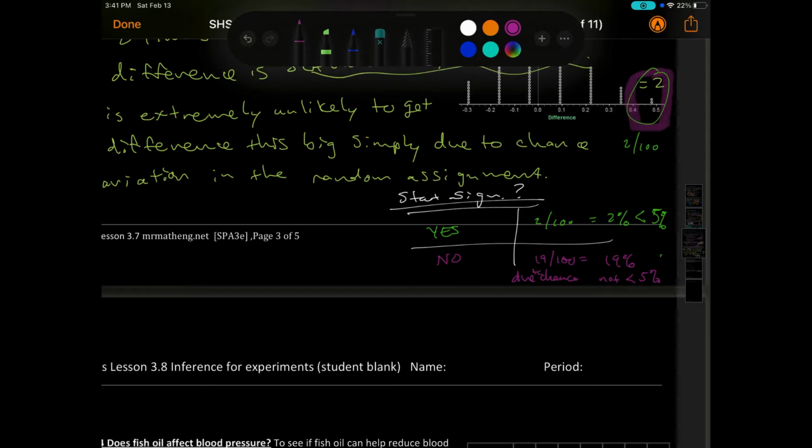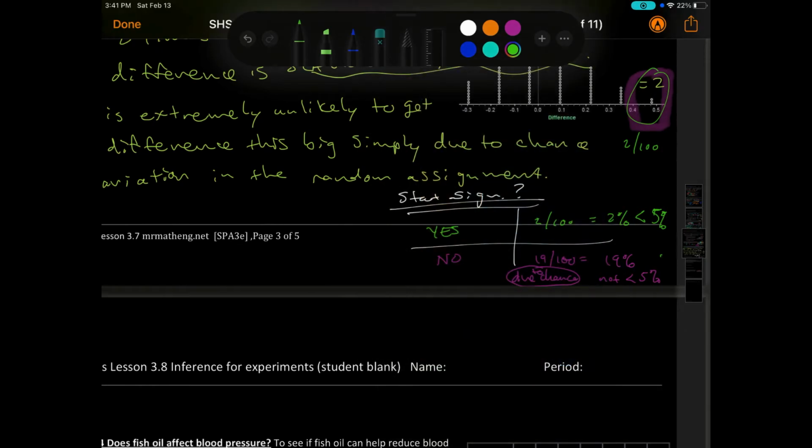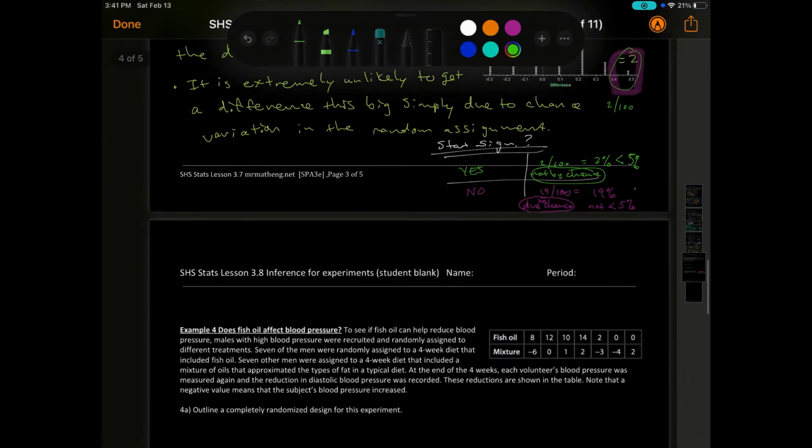Due to chance. And we're saying this one is not by chance. This is a very difficult concept. We're kind of just touching on it in brief. I'm not using some more complicated terms like null hypothesis, alternative hypothesis, but that's kind of like the big idea.